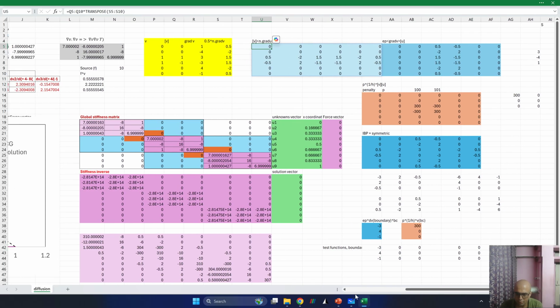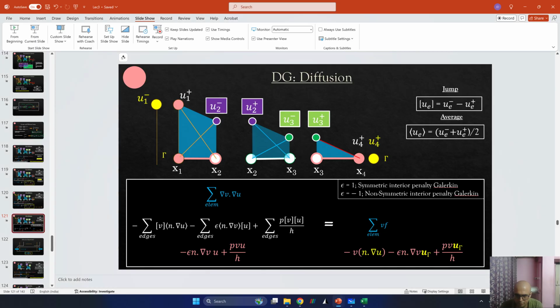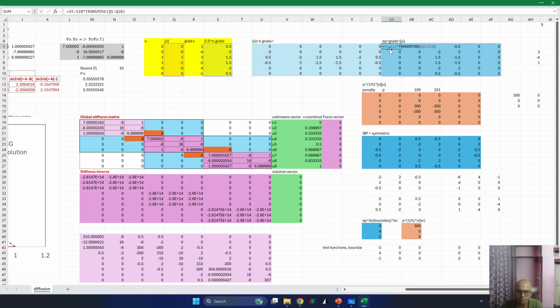What do you have here? You have your second term, epsilon, which here is just +1, and average of v multiplied by jump of u, average of v multiplied by transpose of jump of v here, which is your jump of u, right, in this case.